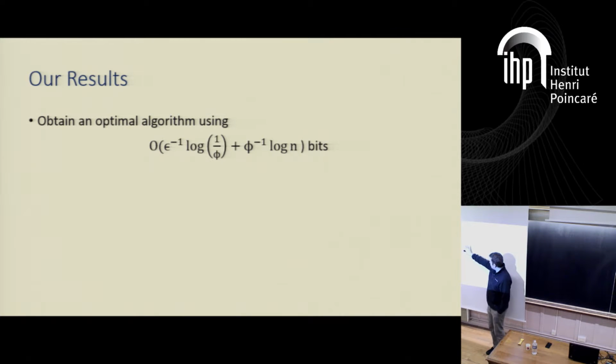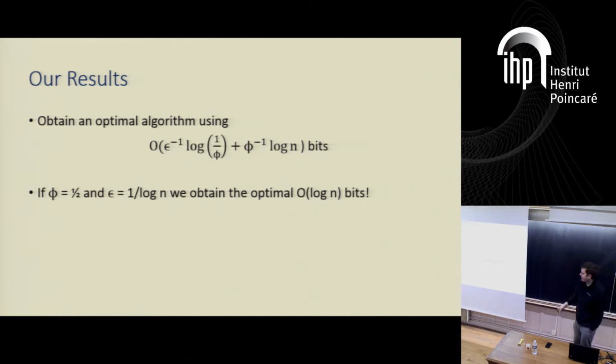But the leading order term, instead of being 1 over epsilon log n, is 1 over epsilon log 1 over phi. And we can show a lower bound that this is optimal up to a constant factor. Plugging in the example I just mentioned, if phi is a constant and epsilon is 1 over log n, then this is log n plus log n, and we get the optimal log n bit bound instead of the log squared n bit bound of Misra Gries.